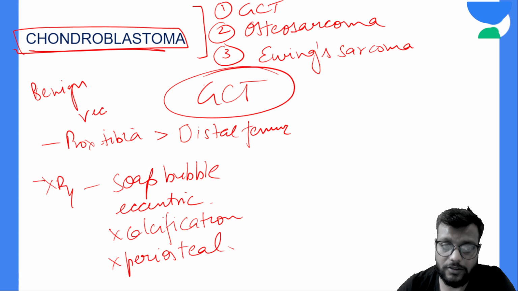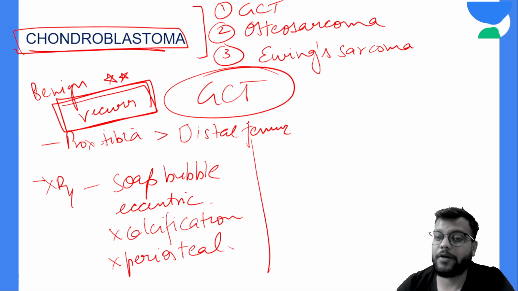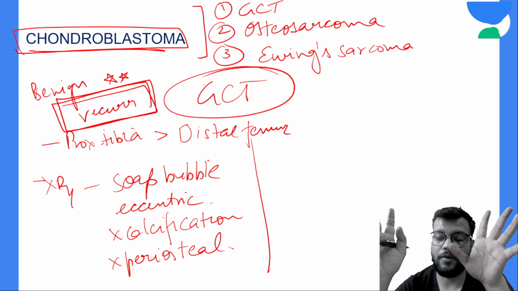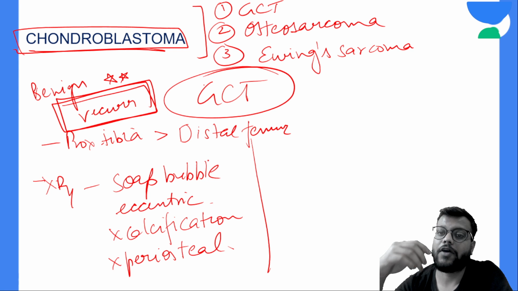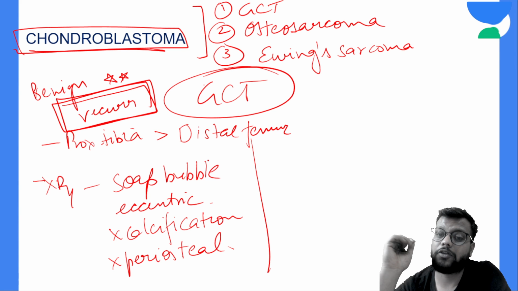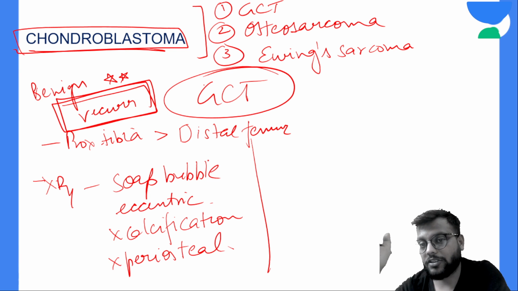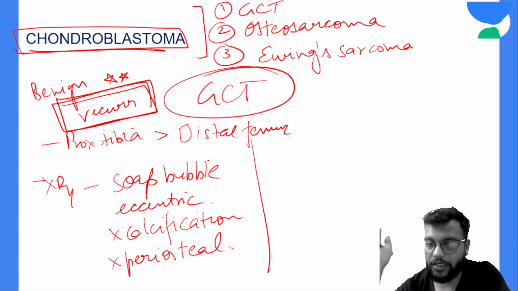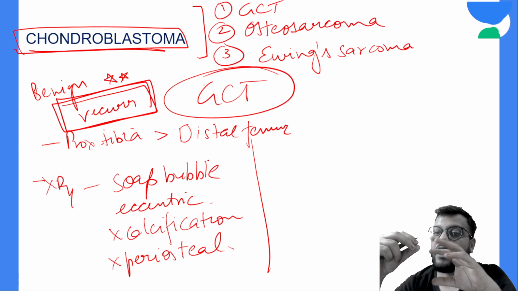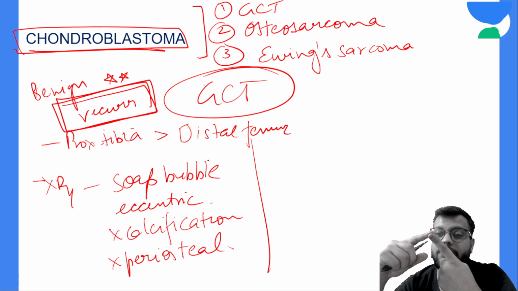Okay, and the treatment depends on the site. If it is the spine, then radiotherapy. Distal ulna or proximal fibula, which are not used for any functional involvement of the limb, will be only excision, whereas proximal tibia, distal end of the radius, the bones which are required for functionality, there after the excision you have to go for the arthroplasty, and also you can go for bone curettage, but after that you have to fill that gap with bone cement first for the support.